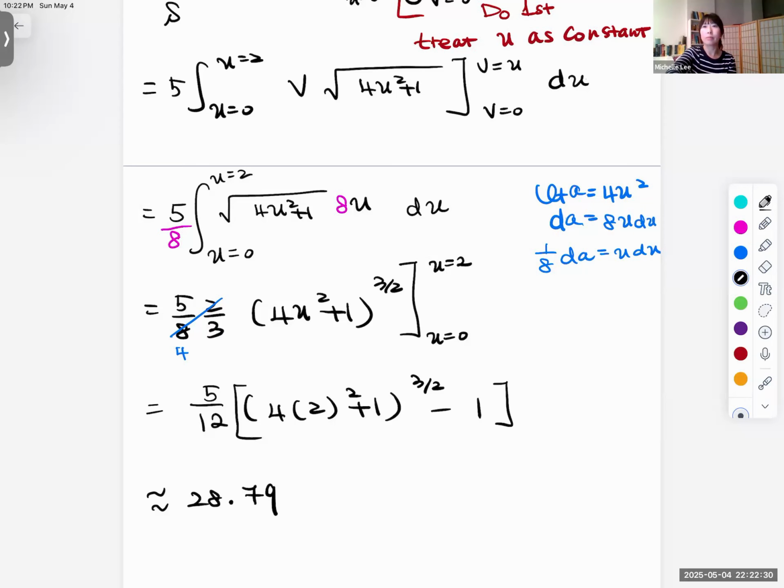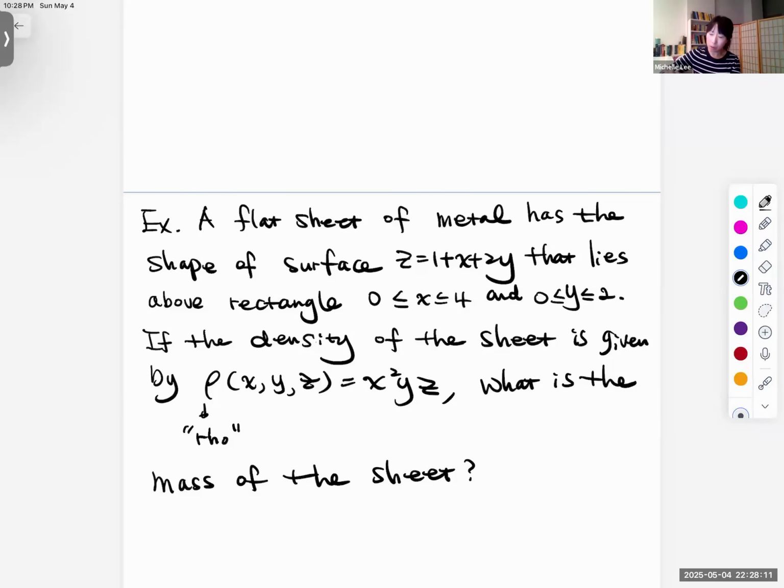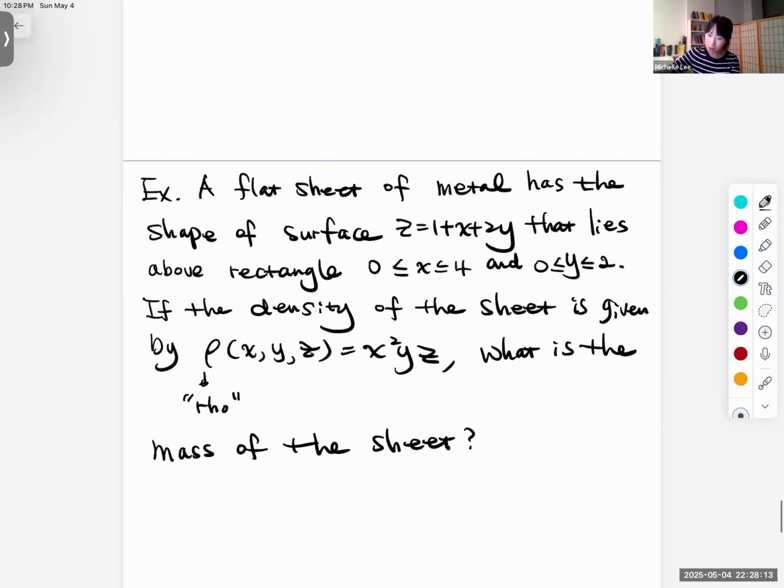Thank you. Okay, let's take a look at this example. We have a flat sheet whose shape is given by that surface and lies over a rectangle in x and y. The density of the sheet is given by that.